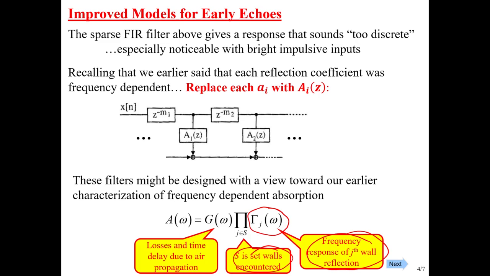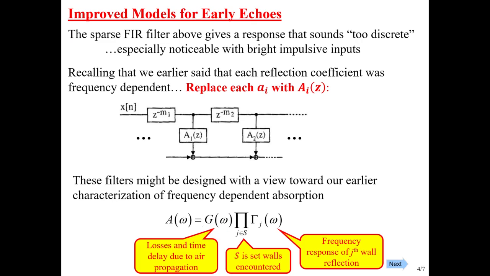And since we're hitting wall after wall after wall, the overall frequency response of having hit so many walls is a cascade or a product of those frequency responses. And then there's going to be some losses and delays and so forth due to just the air propagation. And that might not be frequency dependent, but it might be.